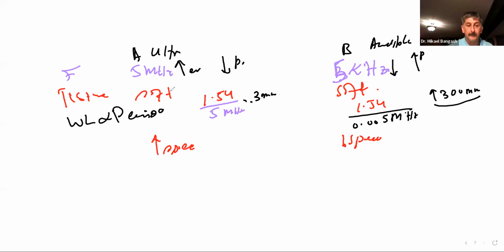No, because the tissue is the same. It says in the statement that both waves have traveled through soft tissue, which means the speed at which these two sound waves travel will be the same.